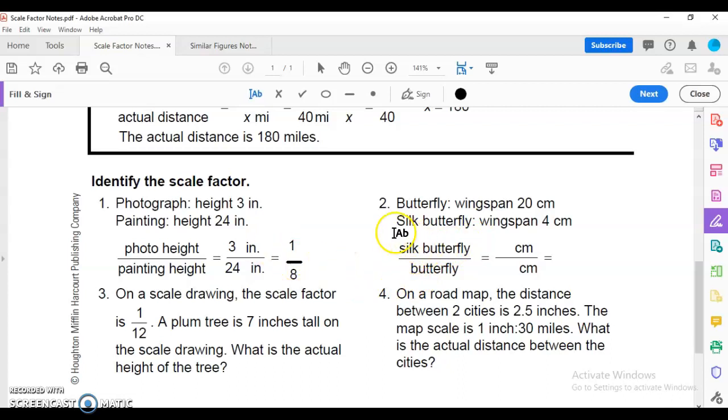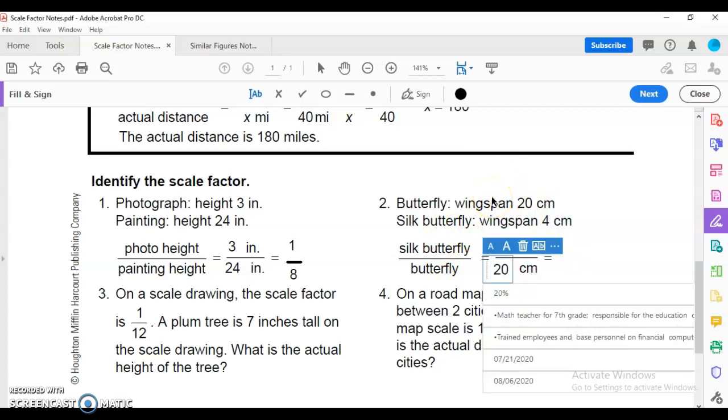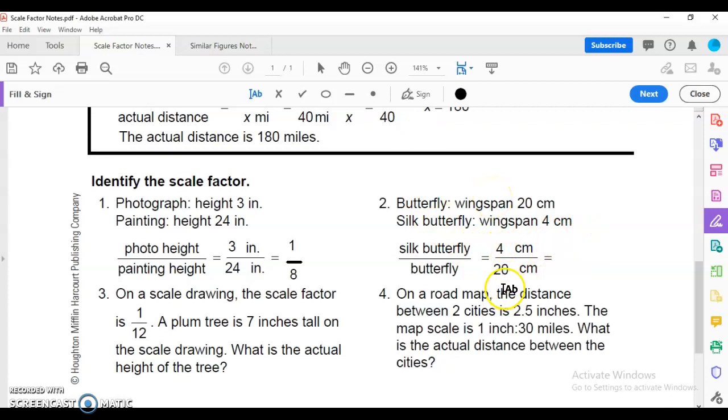Now let's do this one. I got a silk butterfly, that's my fake, that's my model, and a real butterfly. The silk butterfly has a wingspan of 4 centimeters. I'm going to put 4 up here on top. And my real butterfly has a wingspan of 20 centimeters. So I'm going to put 20 on the bottom. Okay, so I have 4/20.